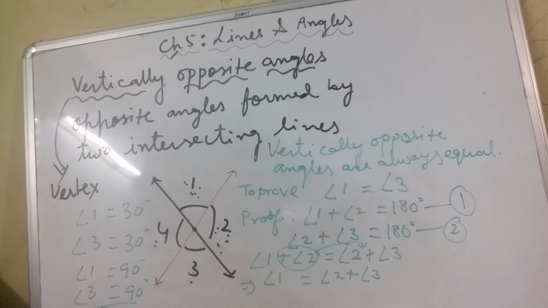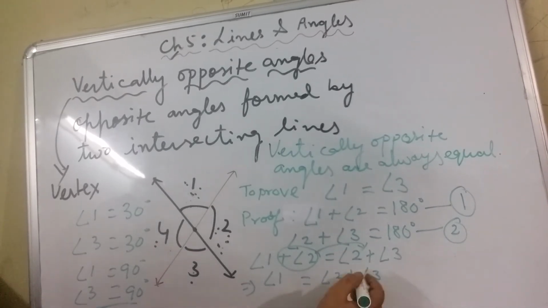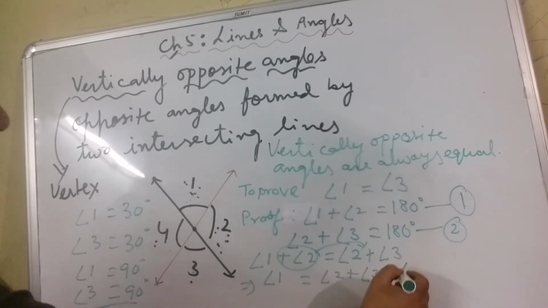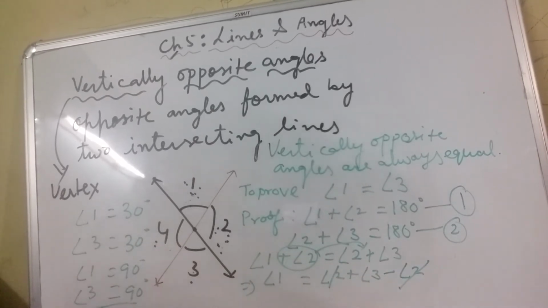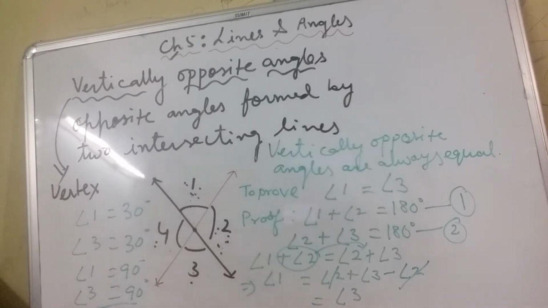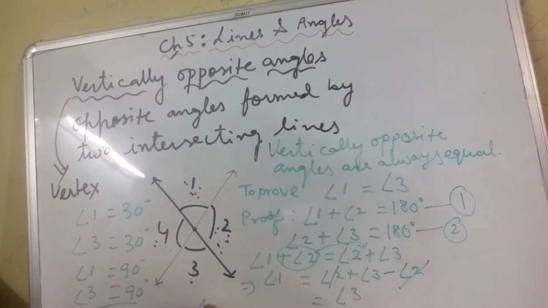That means if we transpose, as we have done in a simple equation, it will become minus angle 2. Now this angle 2 and this angle 2 will get cancelled, so angle 3 you will get. So you can see angle 1 equals angle 3. Same way you can prove angle 2 equals angle 4. You can try to do it at home.